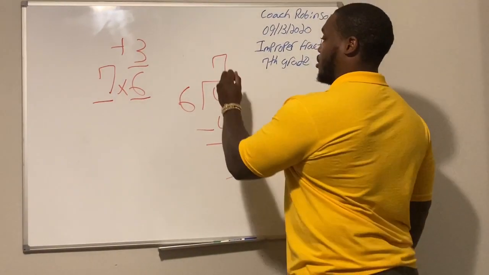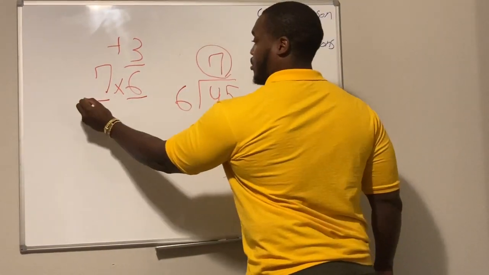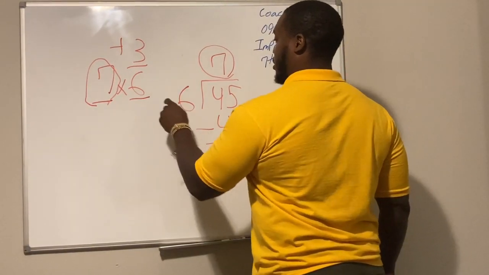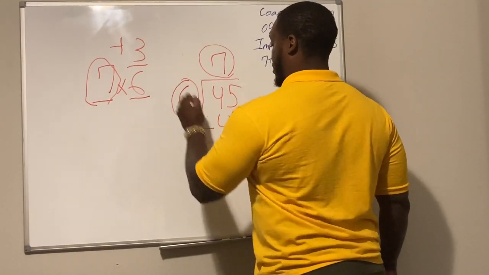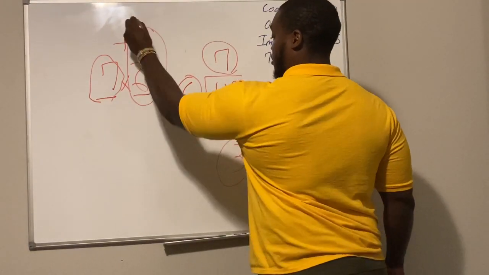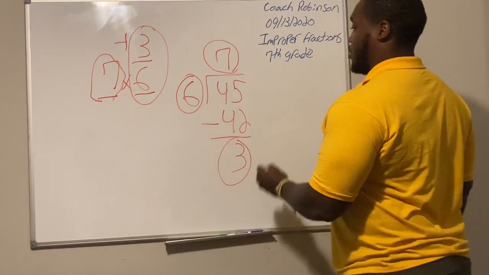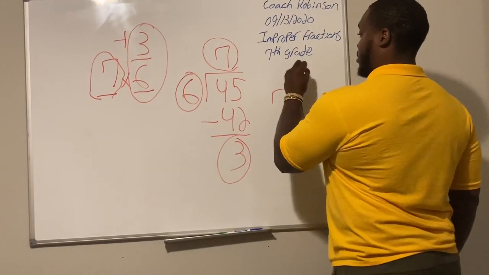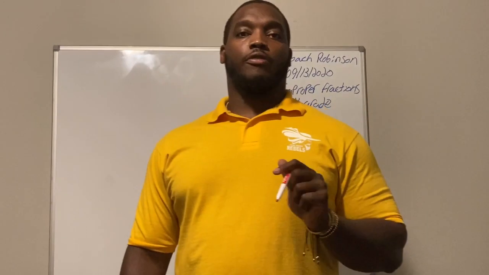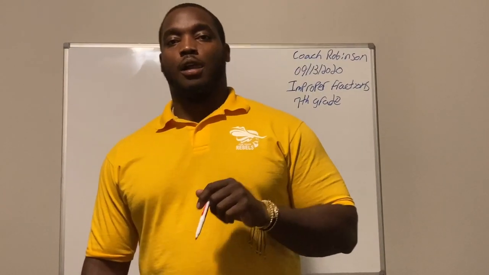The quotient is always your whole number. Your denominator is always the divisor, and the remainder is always the numerator. Okay? It's the same numbers. So set it up: 7 3/6.